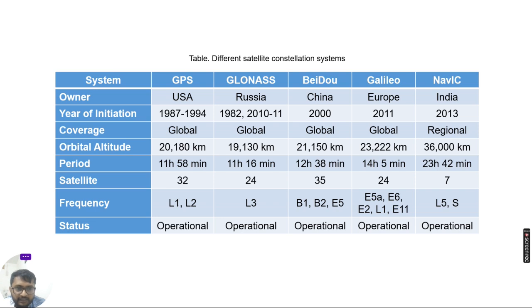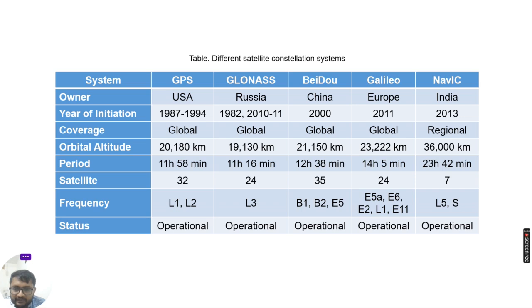Some of the regional satellites are geostationary satellites, and they are at an altitude of 36,000 kilometers as well. And here you can see the period. Most of the satellites which cover the globe cover the entire earth two times in a day, whereas NavIC has just 23 hours, so it has a period of one day.